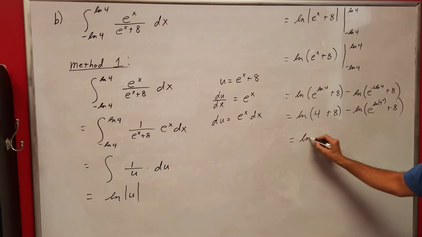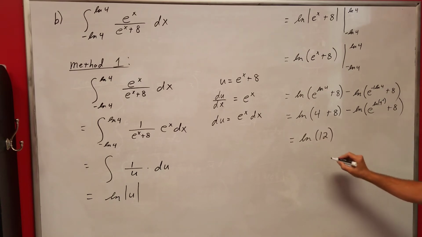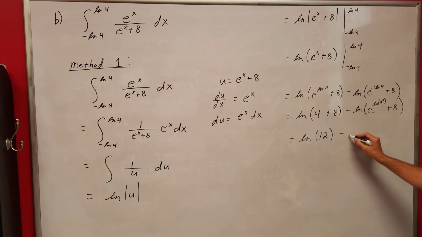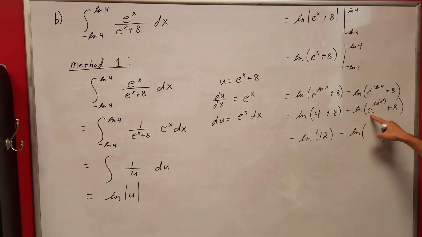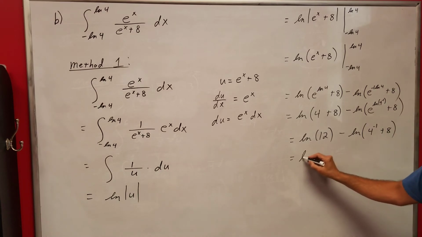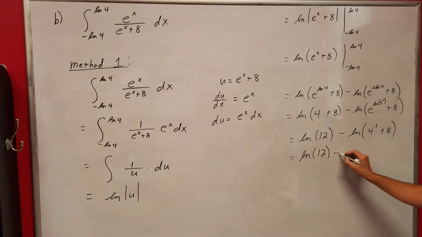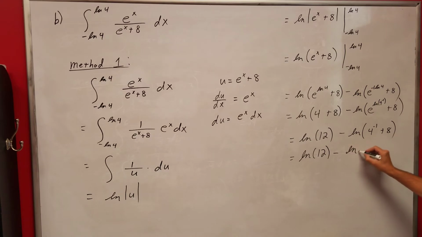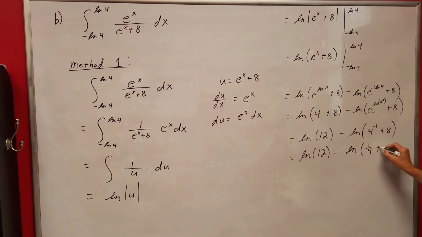So that gives me the natural log of 12 minus the natural log of, what does this turn into? 4 to the negative 1 plus 8.